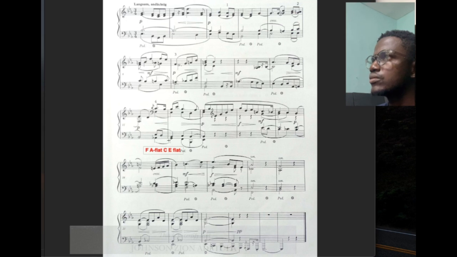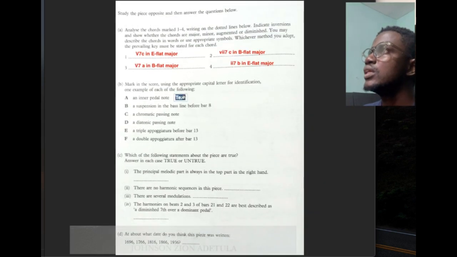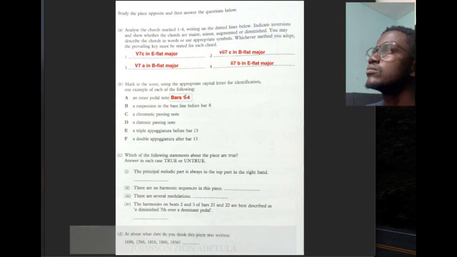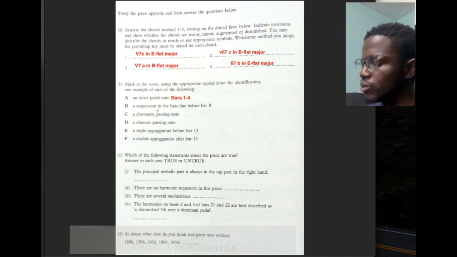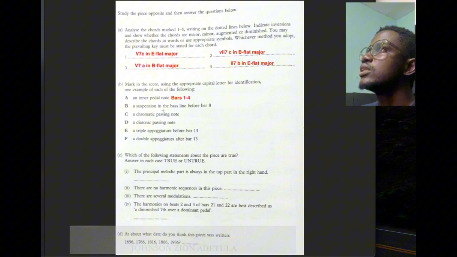Then 5, then 1B. So bar 1, 2, 3, 4, even as far as bar 5. And bar numbers, bars 1, 2, 4. A suspension in the bass line. So we have a piano piece, so we have the right hand and the left hand.